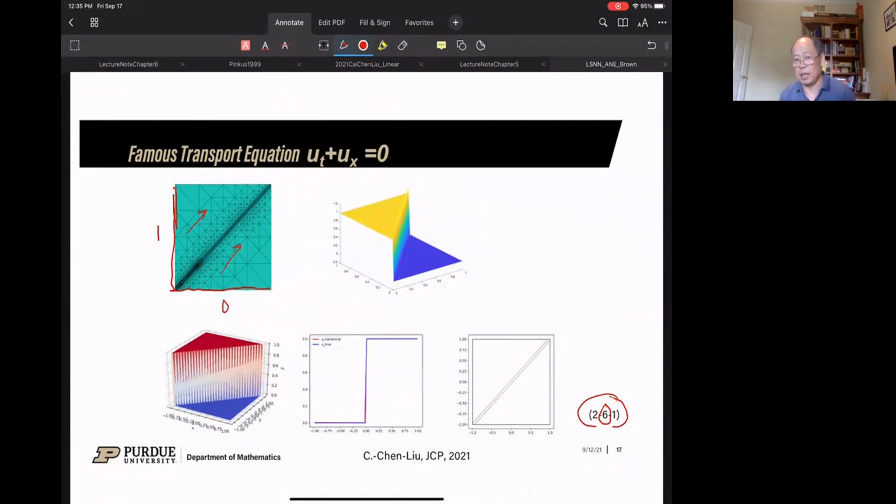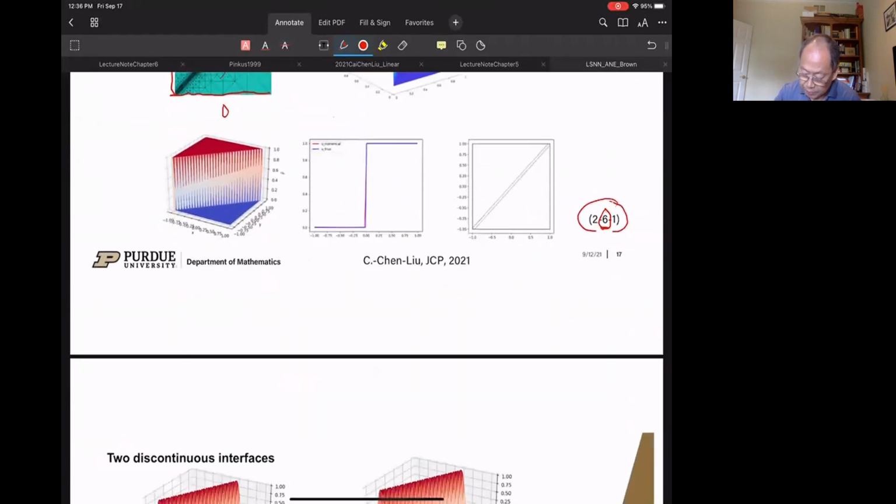If you do supervised learning, that's almost trivial. Now, of course, you may ask that theoretically we prove we only need 2 neurons, but in the computation we need 6 neurons. This is the difficulty from the non-convex optimization.